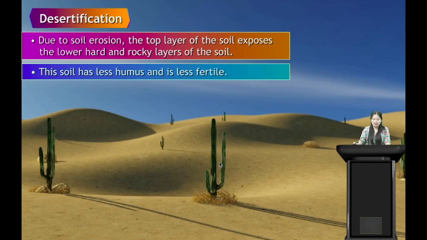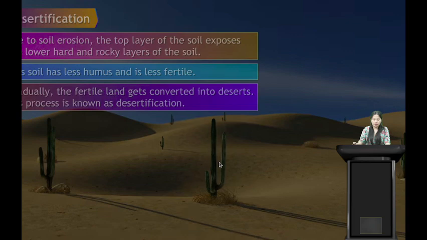The soil has less humus and is less fertile. The top layer is the fertile layer. So if the top layer is washed away, the layers below are hard and rocky. So this soil has less humus and is less fertile. Gradually the fertile land gets converted into desert, and this process is known as desertification.